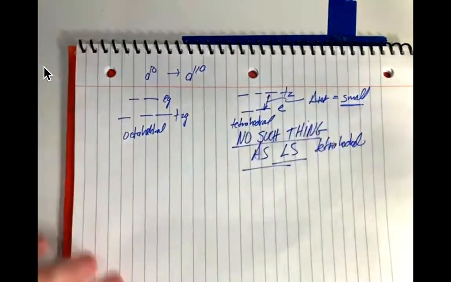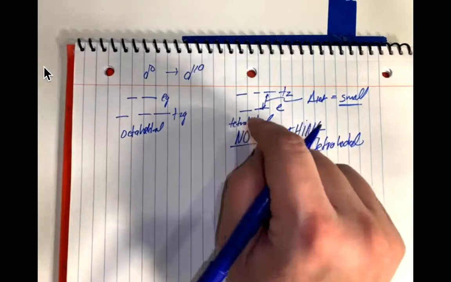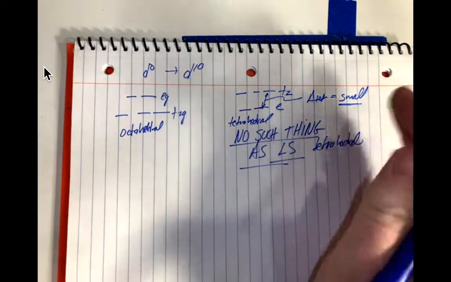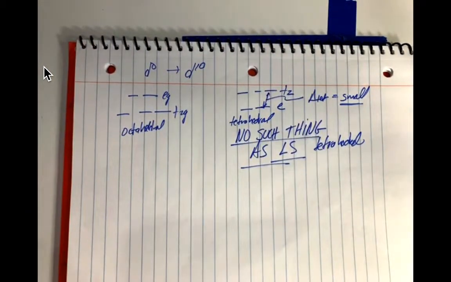Okay, no such thing as low spin tetrahedral. Because this gap is so small, it always is energetically a better deal to go to the top than it is to start pairing in the bottom. So there's essentially never low spin tetrahedral.